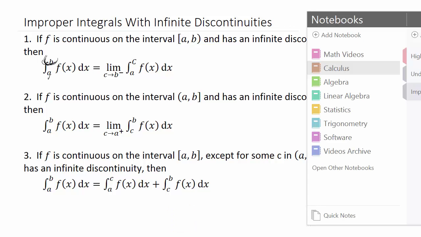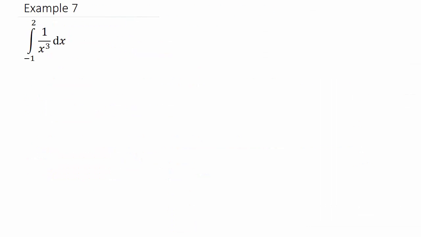Alright, so let's take a look at an example. I've got the integral from -1 to 2 of 1 over x cubed. Looking at this, we can see that this is continuous everywhere except at 0, so we have an infinite discontinuity at 0. So the first thing we're going to do is split this up. We go from -1 to 0, where it's discontinuous.